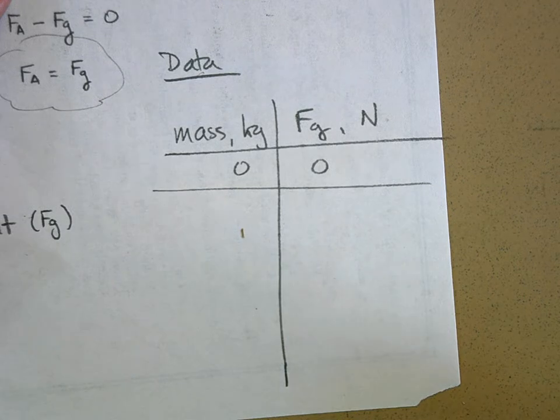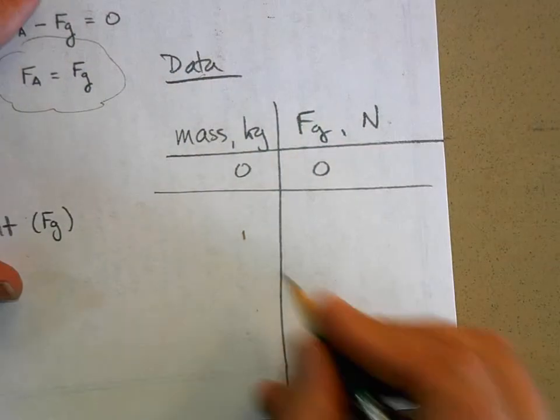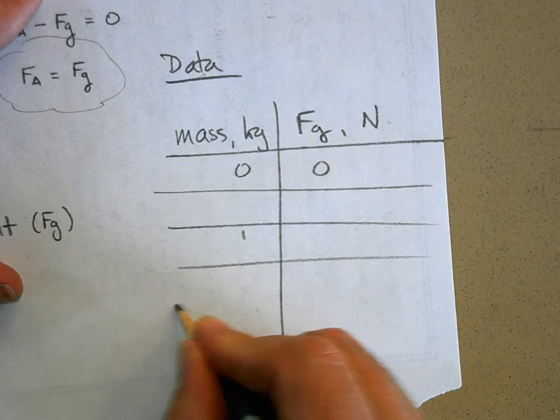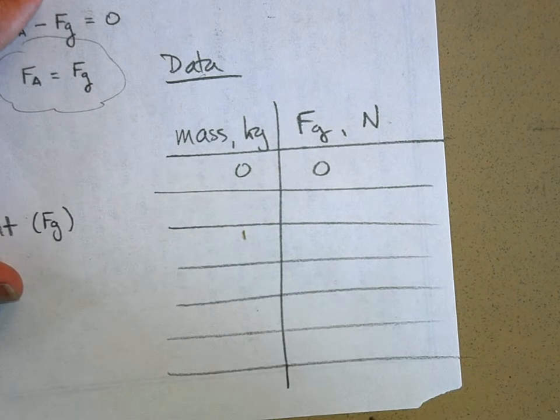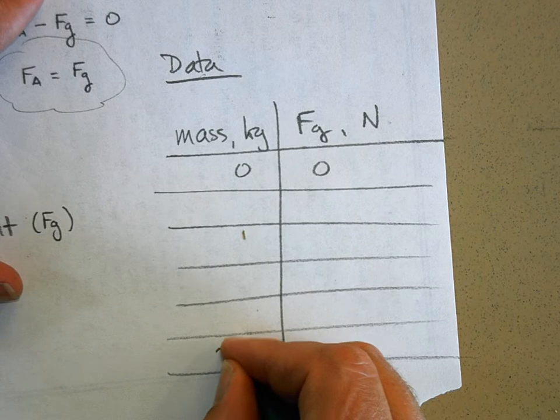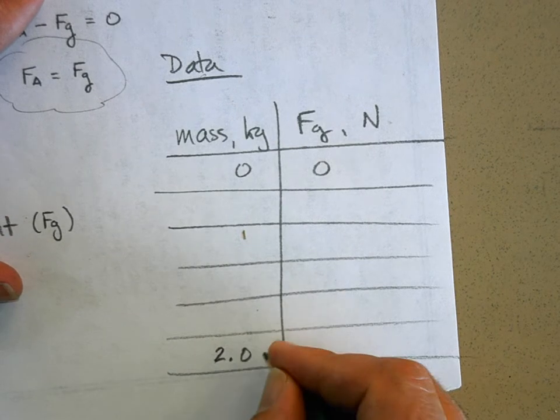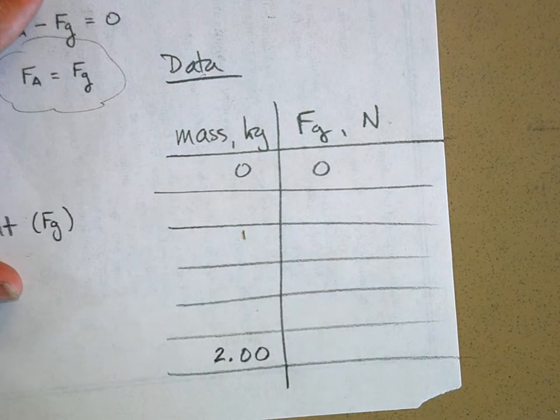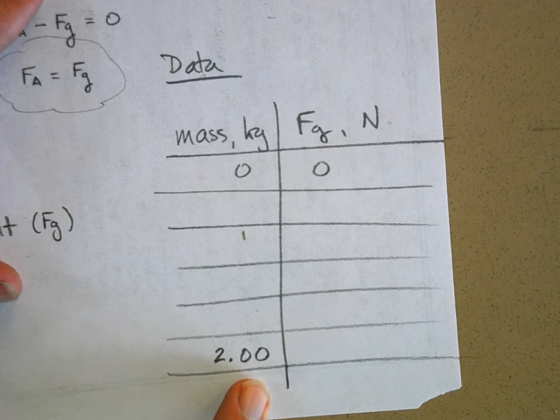Then you're going to measure like 5 or 6 of them. The greatest mass I want you to measure is 2.00 kilograms. Don't go greater than 2 kilograms because it'll overwhelm the scale.